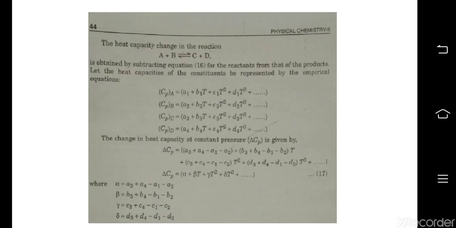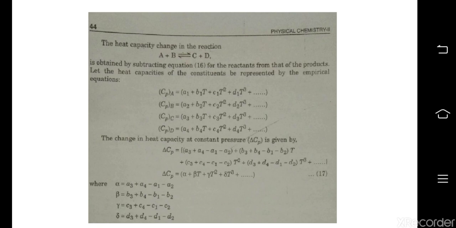Then we consider a general reaction A and B giving rise to product C and D, and accordingly we label the heat capacities at constant pressure for A, B, C, D, and we write the empirical equation by labeling A as A1, B1, C1, D1 with the temperature parts remaining the same as in empirical equation.